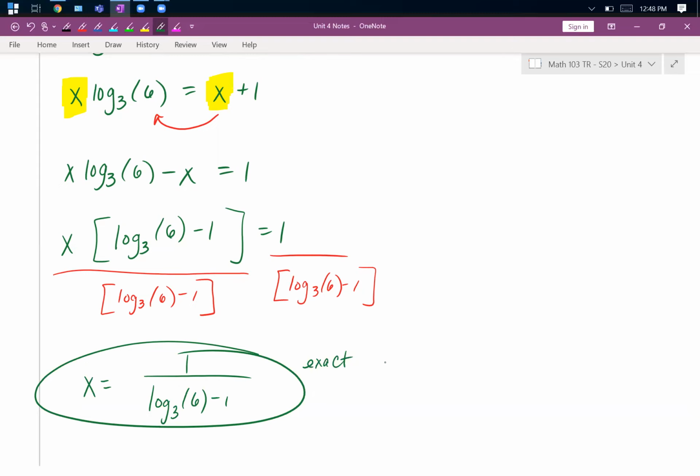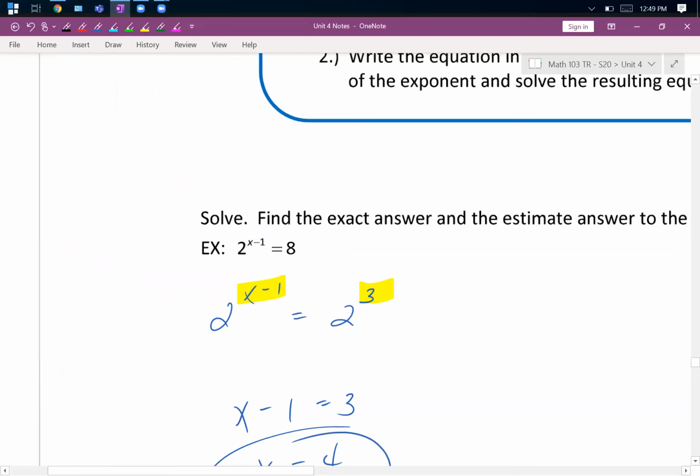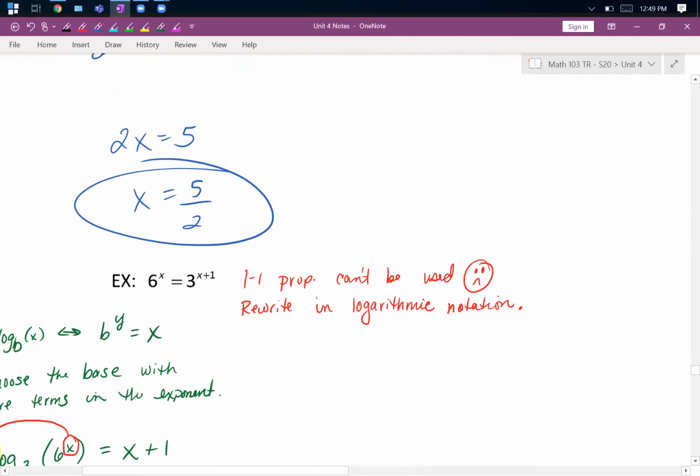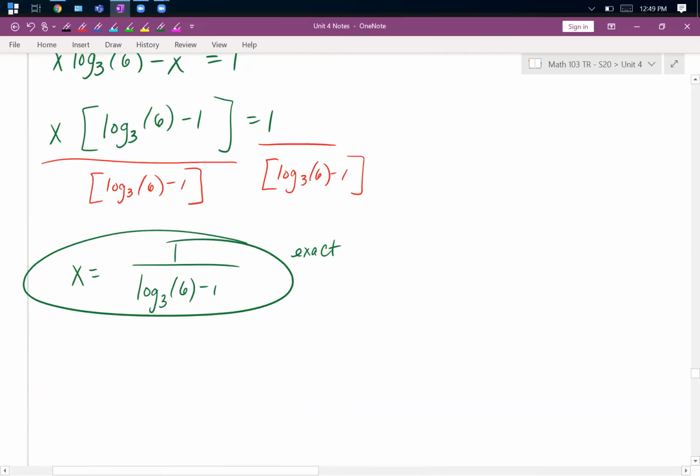All right, well, we also need a decimal approximation rounded to the nearest thousandth. Yep, the nearest thousandth, 3 decimal places out. Because this is log base 3, we're going to have to use the change of base formula.